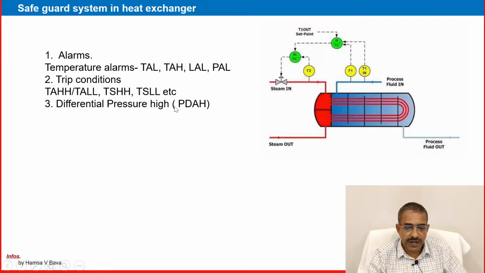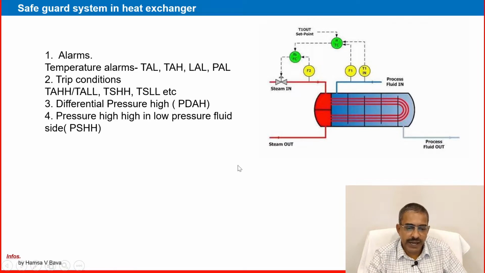Differential pressure high also gives a process safeguard in the heat exchanger, to identify shell side and tube side leaking. And pressure high is also sometimes used on the low pressure fluid side for a safeguarding operation.